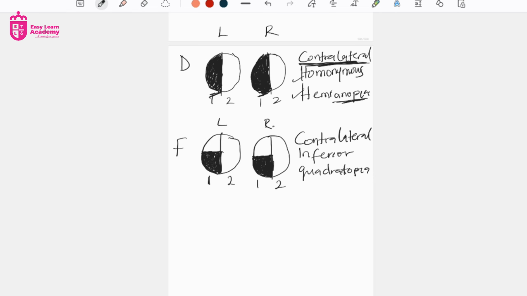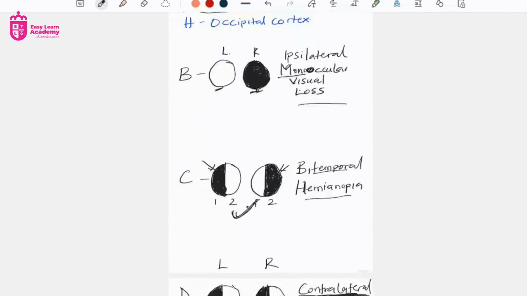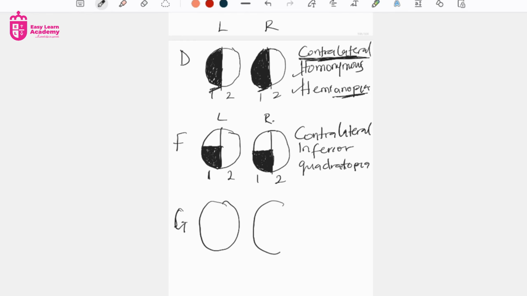Yes. Okay. Dr. Morolake, if the lesion was in E, so not E, let's see, it's G. We've changed it to G. What will it be then? Contralateral superior. No, 1, 2 first. Help me label it.